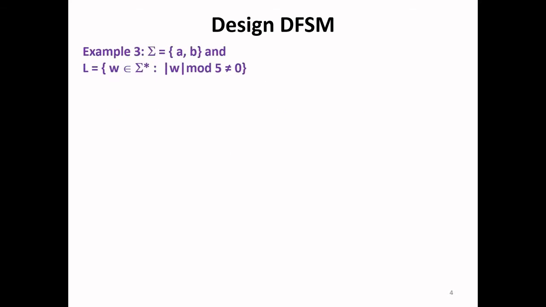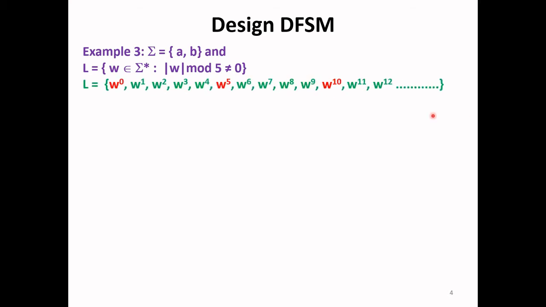We'll take up one more example which is slightly different from the previous example. In the previous example, we had the language of strings containing a's and b's whose length mod 3 is equal to 0. Now we'll design a DFSM for the language containing all strings of a's and b's whose length mod 5 is not equal to 0.